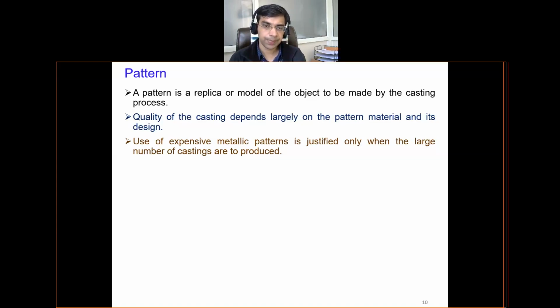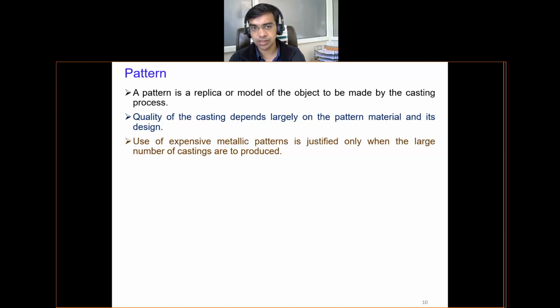Some patterns like wooden patterns may not be very suitable to produce a large number of castings, because it is the nature of wood to distort or absorb moisture, which causes defects or distortion in the patterns.